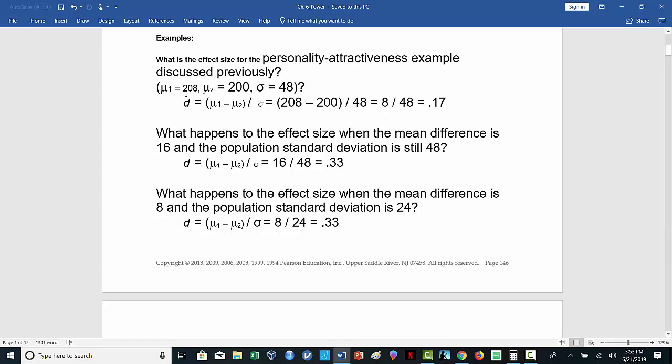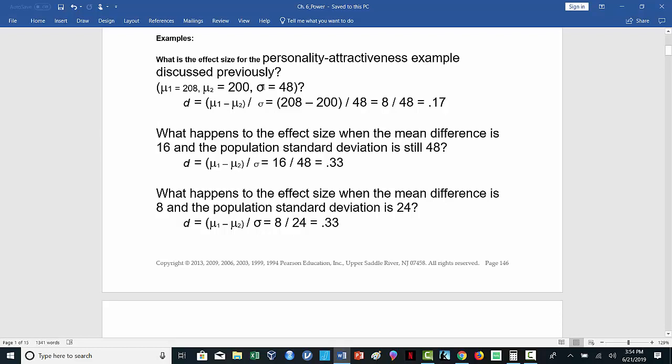So imagine that the mean attractiveness rating on some scale for the group that was told positive things was 208, and then for the known population of students who were not told anything about the personalities and just asked to rate how attractive the people were, let's say the mean attractiveness rating was 200.